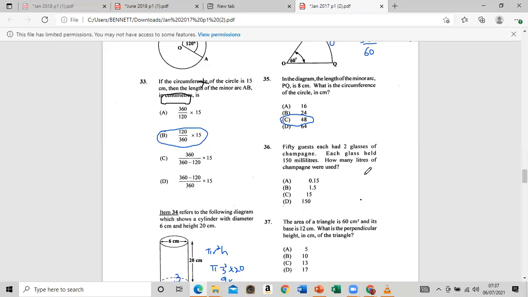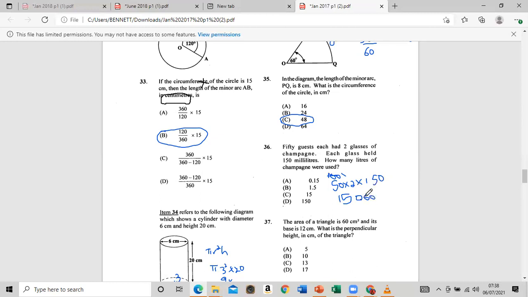So 50 guests each had 2 glasses of champagne. Each glass held 150 milliliters. How many liters of champagne were used? So 50 guests times 2, and then we times it by 150. Okay, that's 15,000 milliliters.